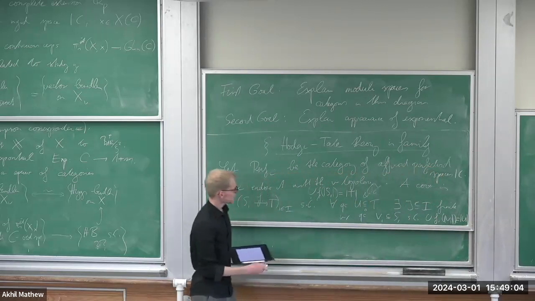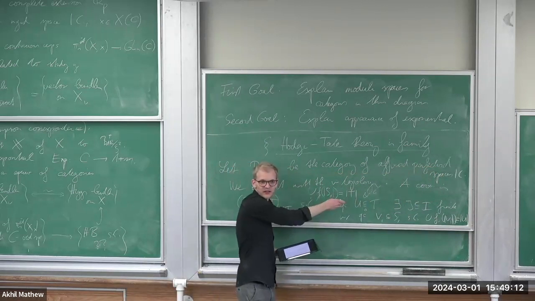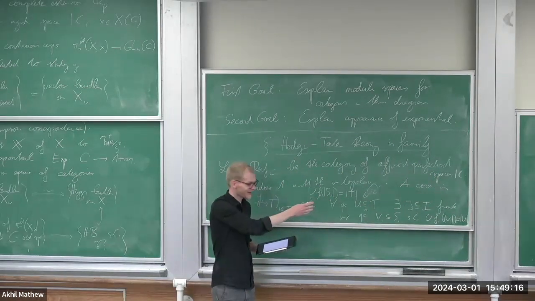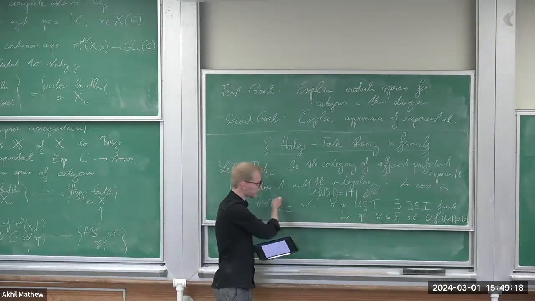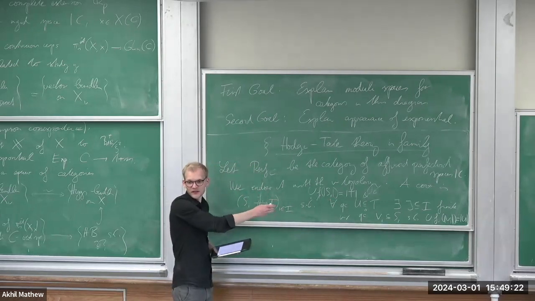Okay, so this is exactly the same condition that you encounter in the definition of the FPQC topology. Okay, and then there's some condition that is a set theoretic cover, but there is in this setting no algebraic assumption, like for example, that this morphism is faithfully flat in any way.